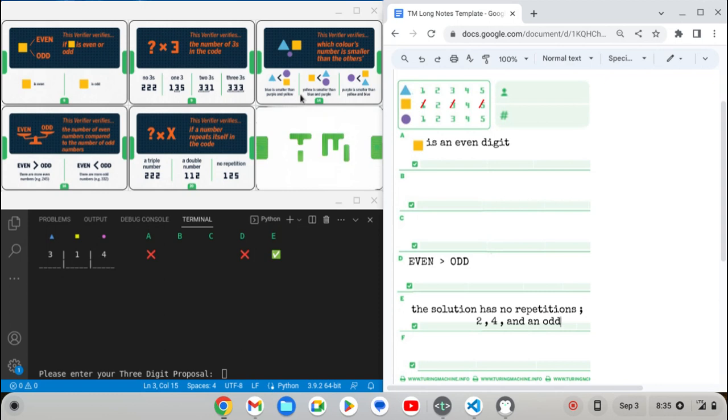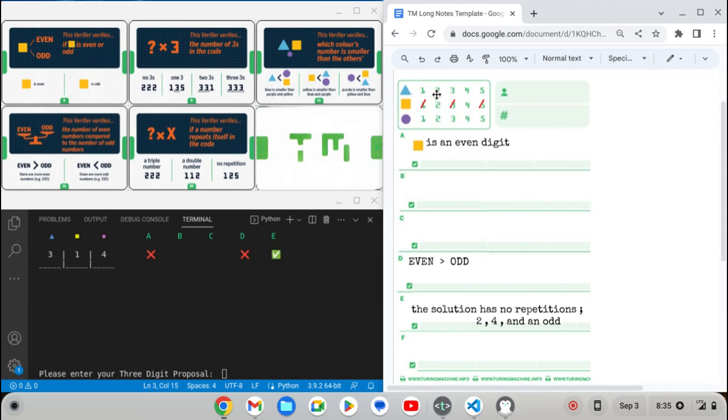Somehow triangle and circle are going to default to certain values, and it could be that there could be a 3, and then the smallest would be the 2, and then the 4 will default to the other digit.